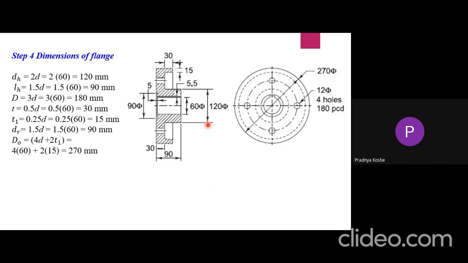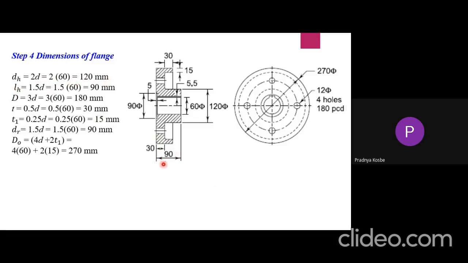All these empirical relationships are in terms of shaft diameter. So once you know the shaft diameter, you can find out all the dimensions of the flange. Here we have found the diameter of the shaft is equal to 60 mm. So dh, the diameter of the hub, is equal to 2d. So it is 2 into 60, which is 120 mm.